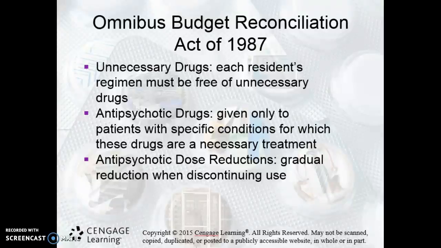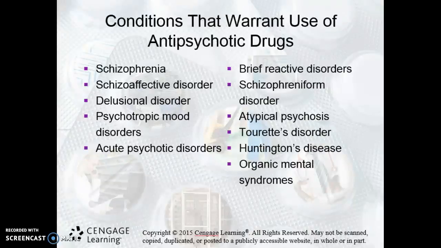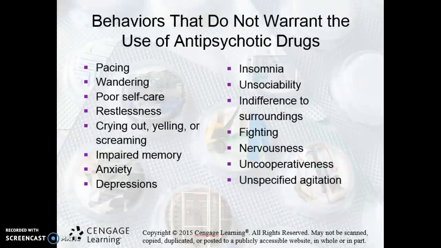Now there are, of course, reasons for antipsychotic drugs and reasons that you might take them. And those are listed here on slide 11. These are some of the things that they may be allowed to give those types of medications for. A lot of it is things like schizophrenia, Tourette's, those types of things. So there are reasons to give antipsychotics, but all of these behaviors are not reasons to give those medications to those nursing home patients. And as you can see, a lot of those things on this list are things that you're going to see in a nursing home setting.